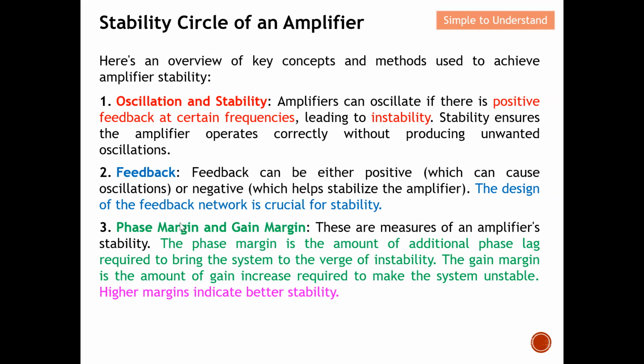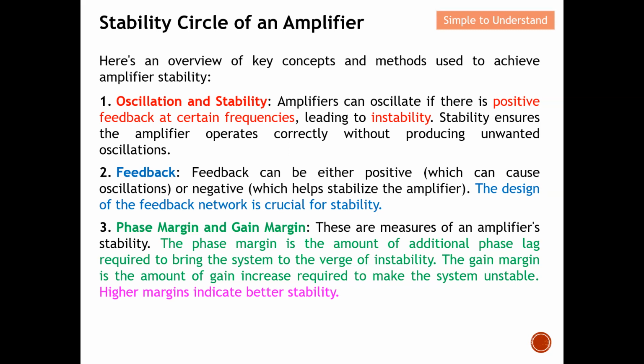The last one is the phase margin and gain margin, which are quite similar. The phase margin is the amount of additional phase lag required to bring the system to the verge of instability. This number is the cost to cause the amplifier to be unstable.